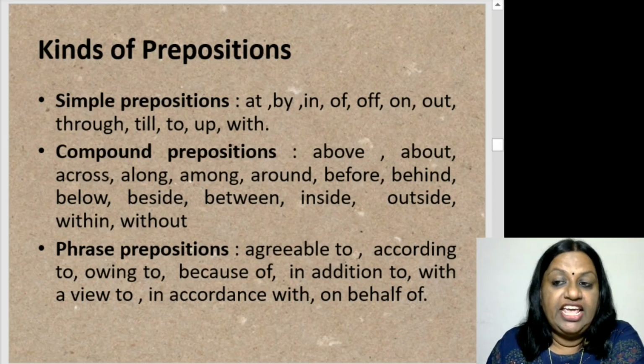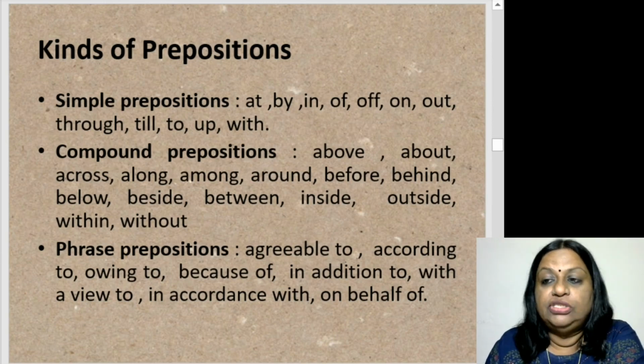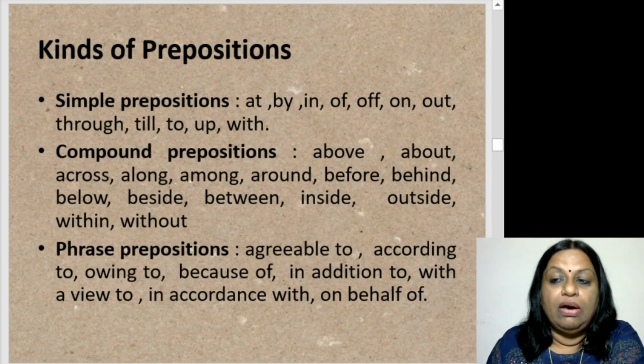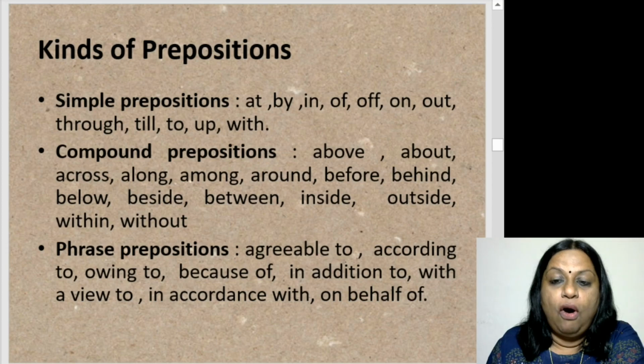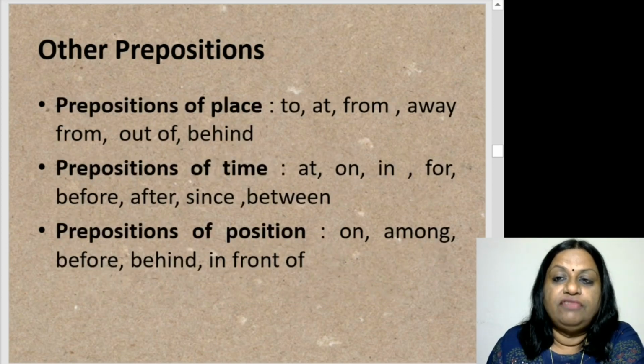And then phrasal prepositions, like agreeable to, according to, owing to, because of, in addition to, with a view to, in accordance with, on behalf of. You see that? Okay, so these are the different kinds of preposition.